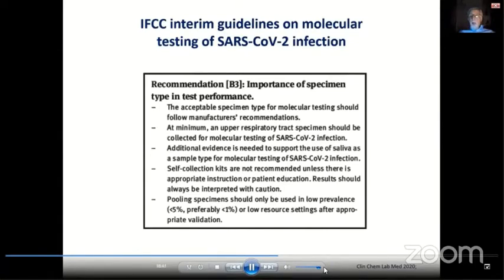The self-collection kits are not really recommended unless there is appropriate instruction or patient education, and all the results should be interpreted with caution.